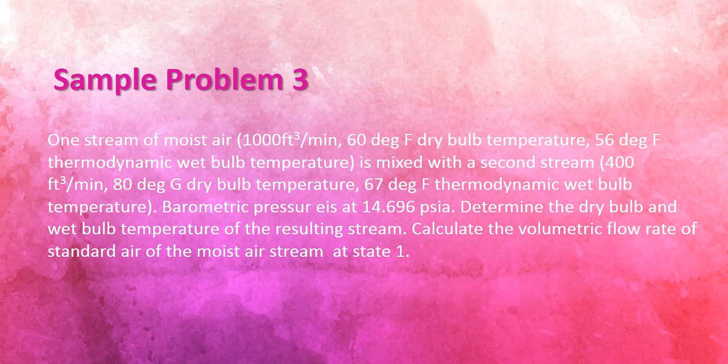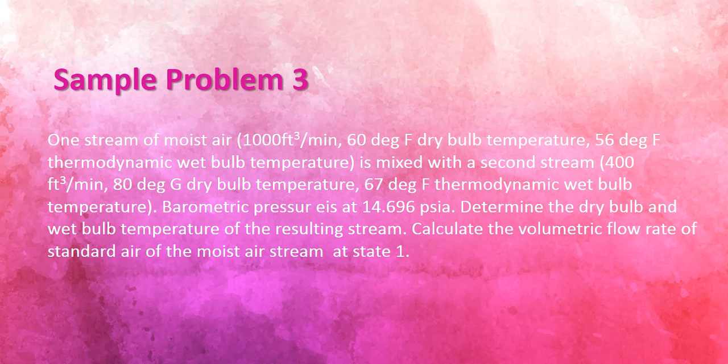So, for this particular sample problem, one stream of moist air flowing at 1,000 cubic feet per minute at 60 degrees Fahrenheit dry bulb and 56 degrees Fahrenheit wet bulb is mixed with a second stream, 400 cubic feet per minute, 80 degrees dry bulb. This is Fahrenheit, by the way, class, and 67 degrees Fahrenheit wet bulb temperature.